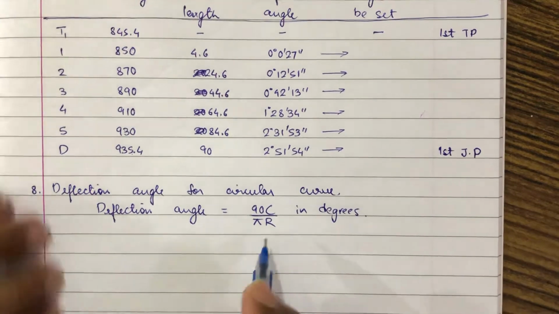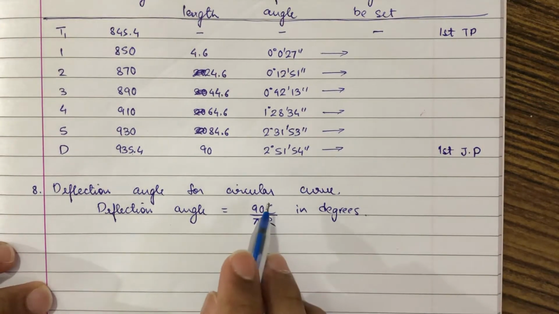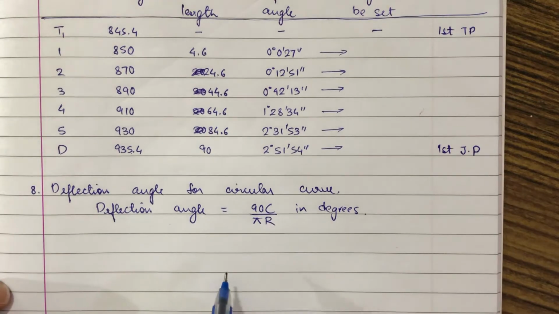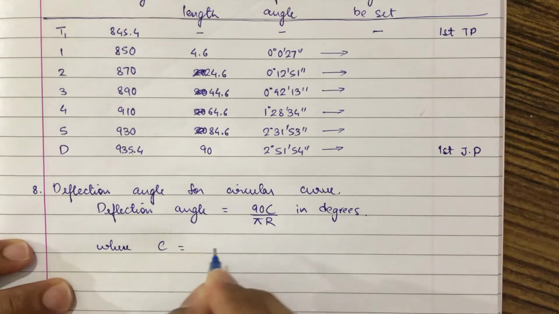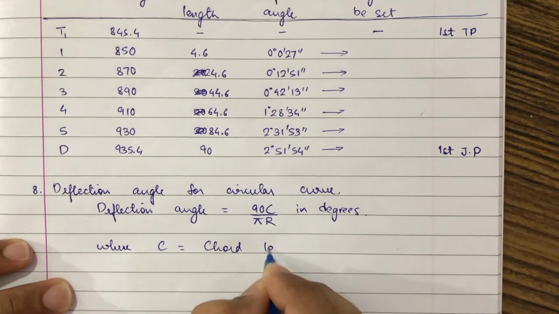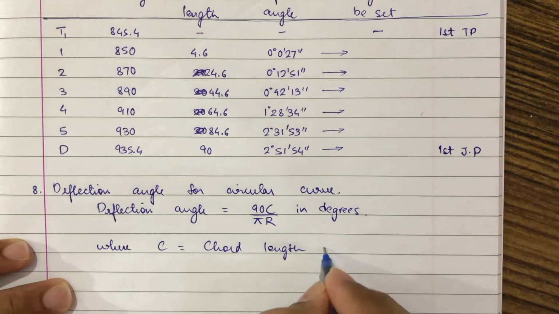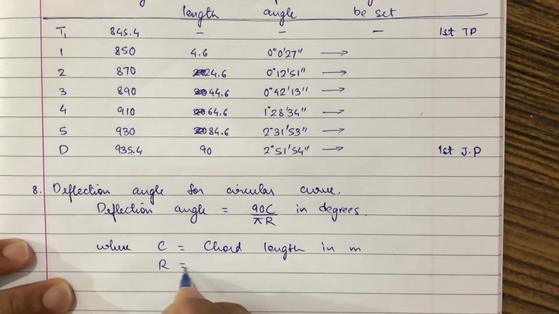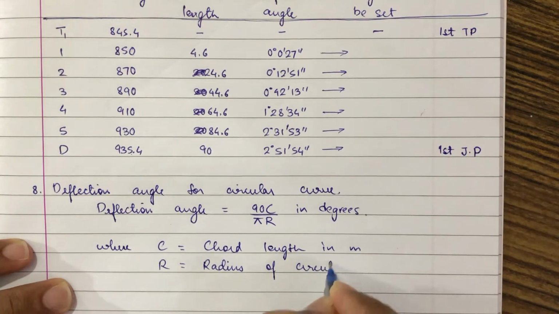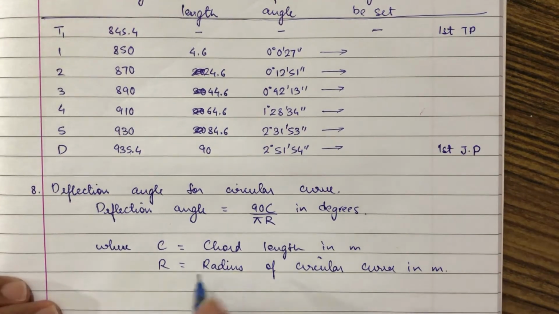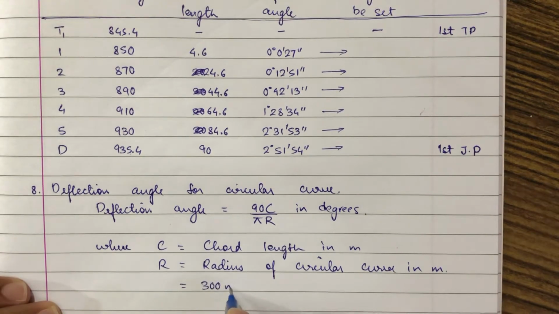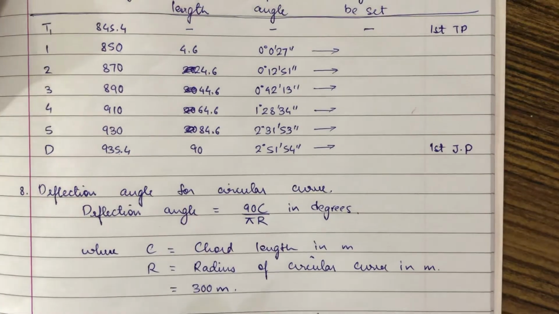Here C is the chord length in meters and r is the radius of the circular curve, again in meters. Now r will be constant. R is already given as 300 meters.